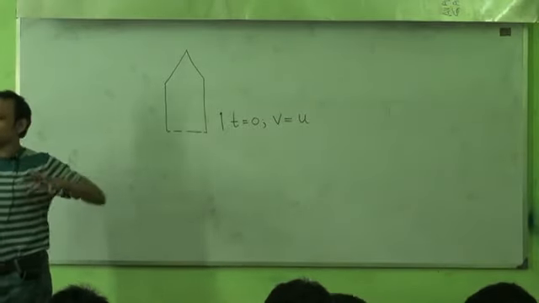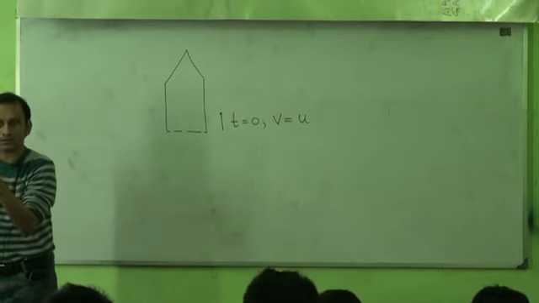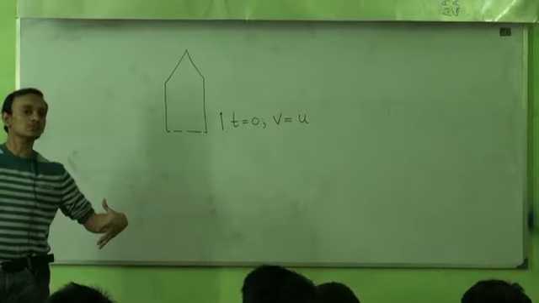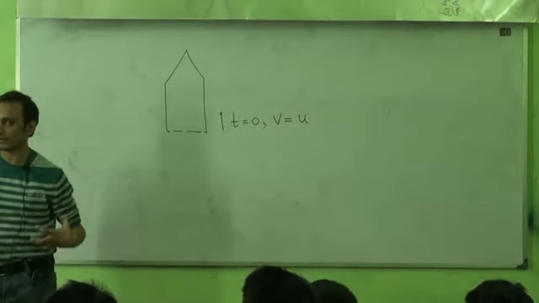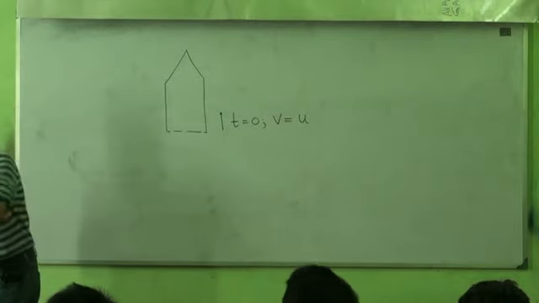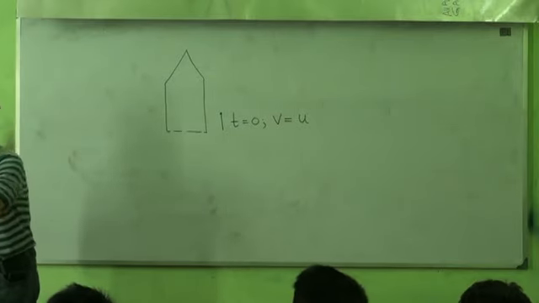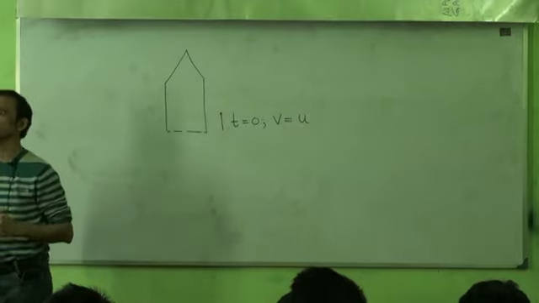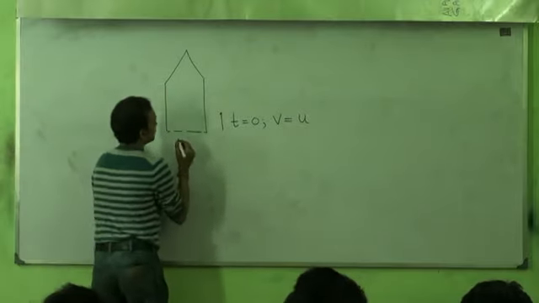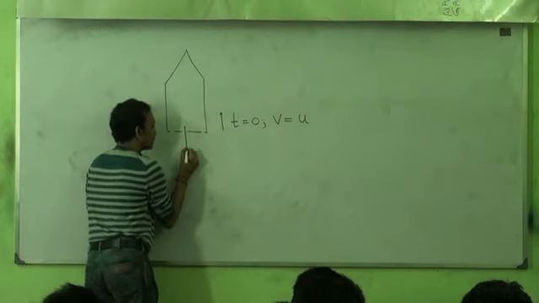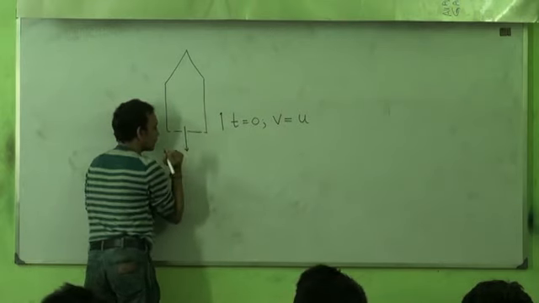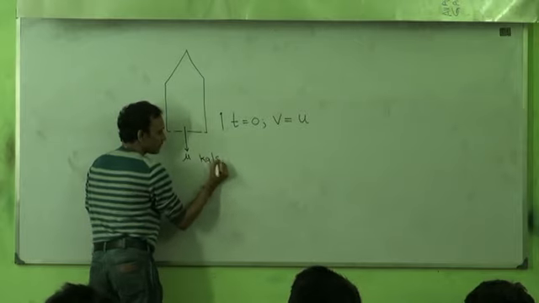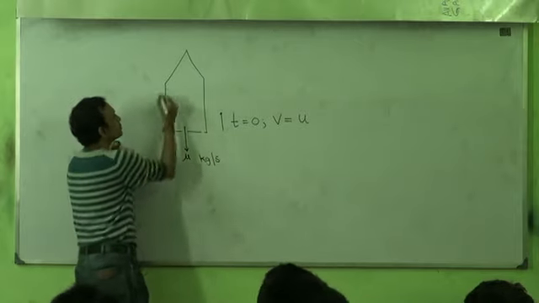And then a certain mechanism inside the rocket, a combustion mechanism or some other sophisticated mechanism, is releasing mass out of the rocket at a rate μ kilograms per second.